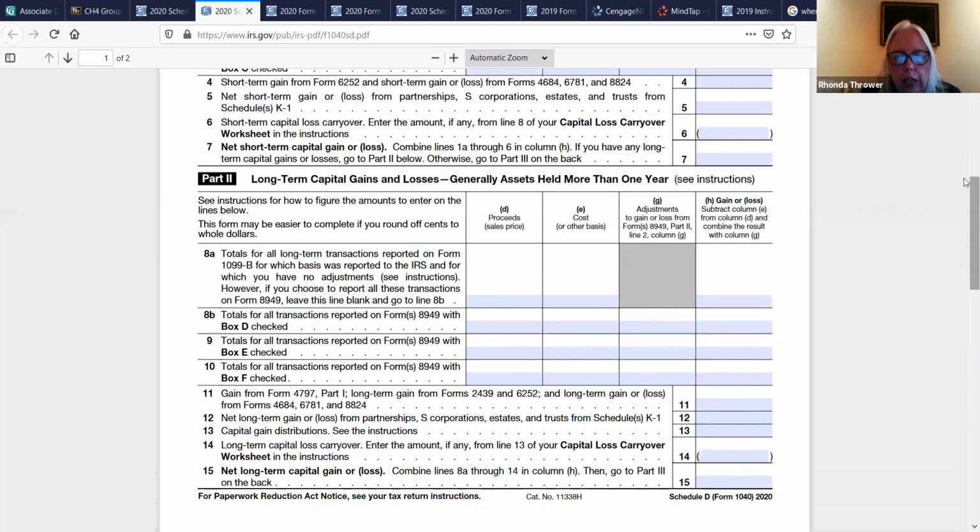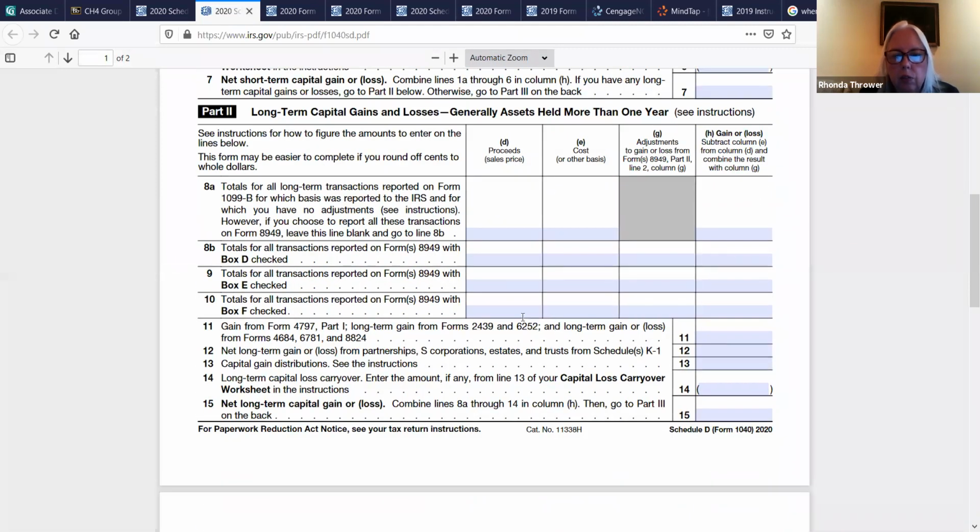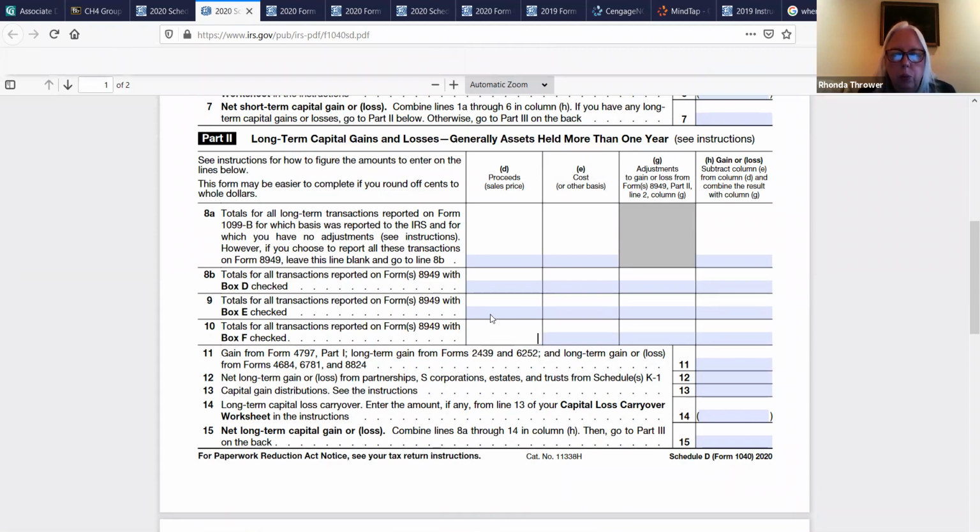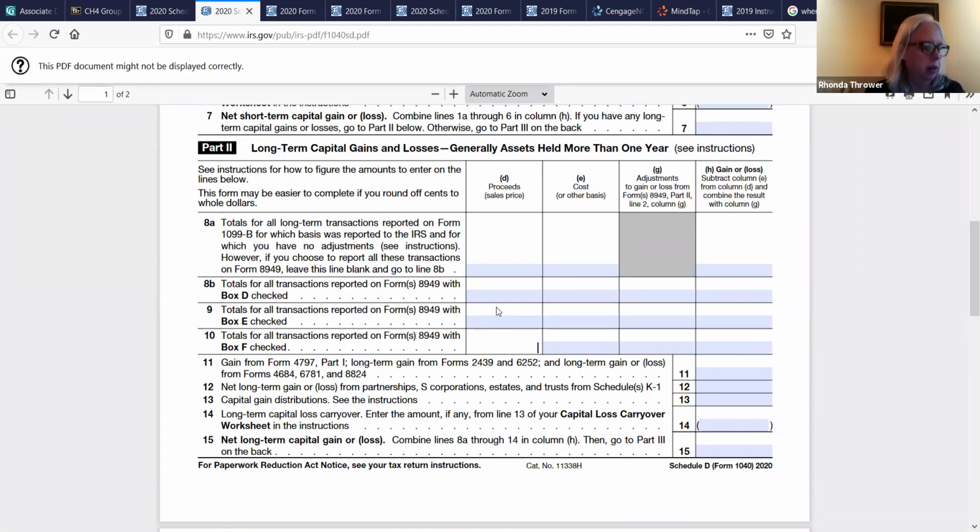And on Schedule D, line 10, we would put the proceeds again, which was the amount that we sold the personal residence for. And the amount that we sold it for was $380,000.